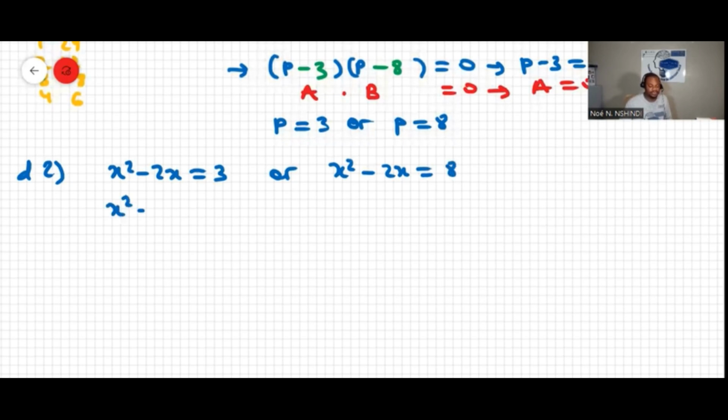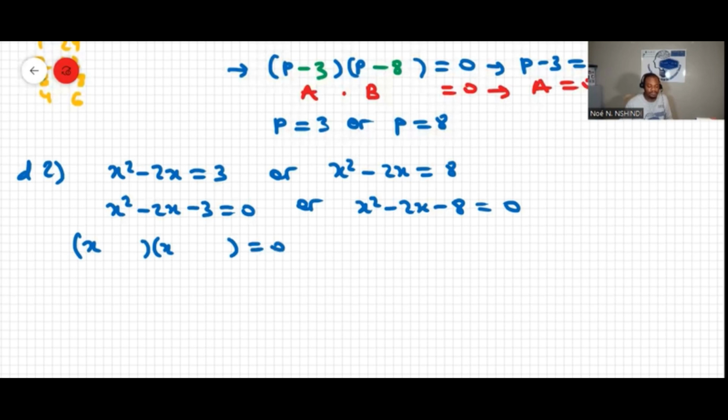That makes x squared minus 2x minus 3 is 0, or x squared minus 2x minus 8 is 0. We can factorize then. We can factorize this because we have a quadratic trinomial and the leading coefficient here is just 1. Okay, there also it's 1.